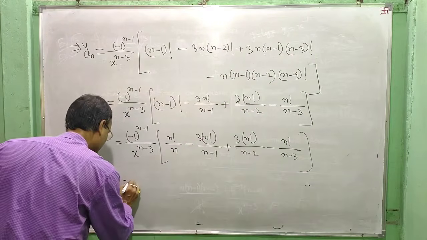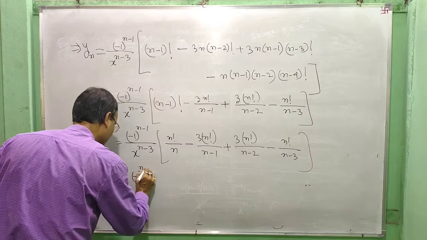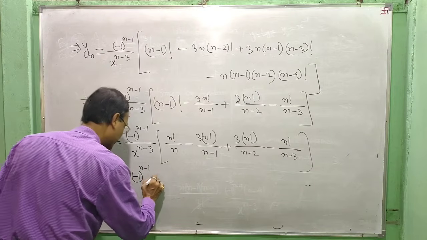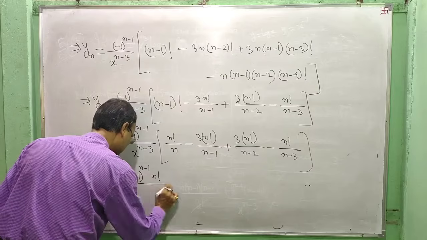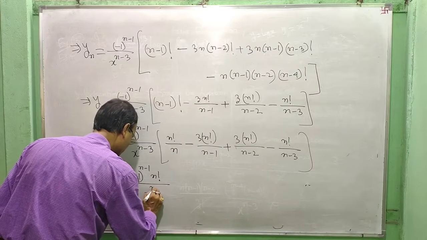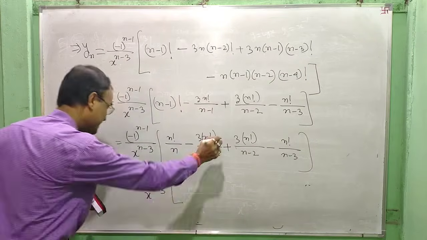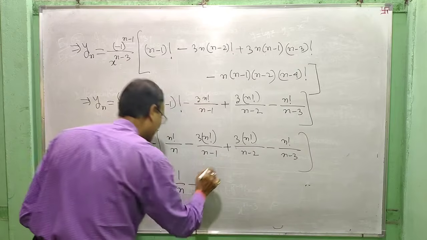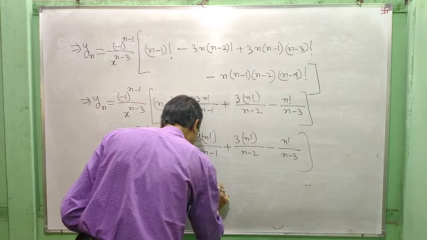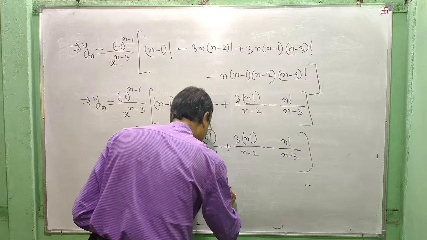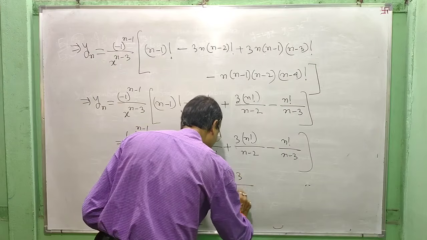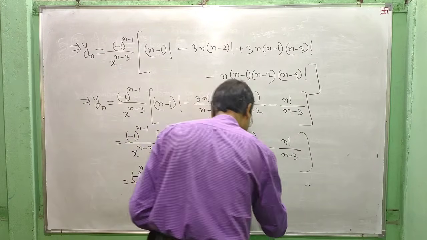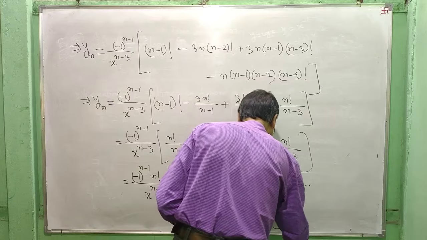This is equal to minus 1 whole to the power n minus 1. Factorial n can be taken common outside. It will be 1 by n minus 3 by n minus 1 plus 3 by n minus 2 minus 1 by n minus 3.